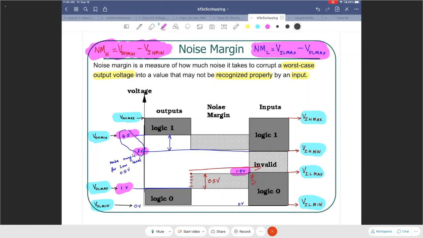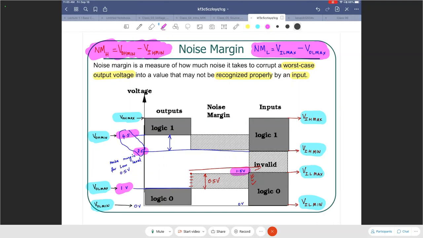All right, so there are 2 highs and 1 low. Okay, so here there is a difference between noise and noise margin. Noise we want as less as possible. Noise margin is a measure of tolerance to noise. We want that to be as high as possible, right?